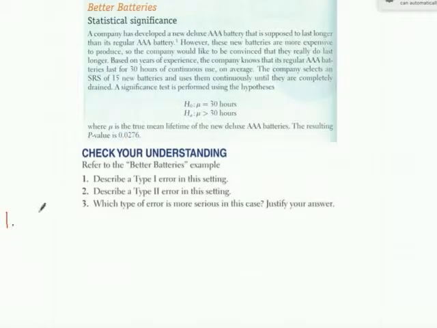For number 1, we have to describe type 1 error in this setting. So remember that type 1 means that we reject the null hypothesis even though the null hypothesis is true.